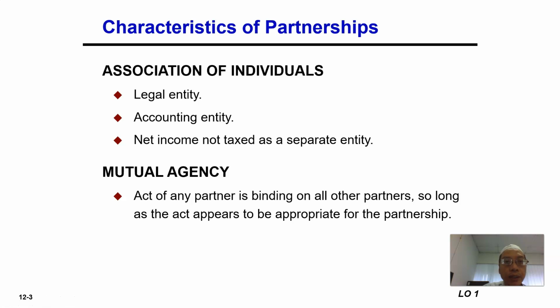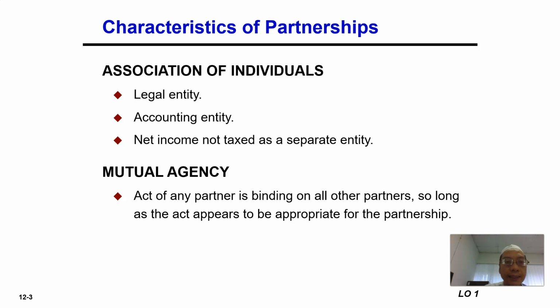So some characteristics of partnerships. Firstly is the association of individuals. In a partnership, two or more partners join together, they have an agreement to form a business, and they form a business in terms of a partnership.